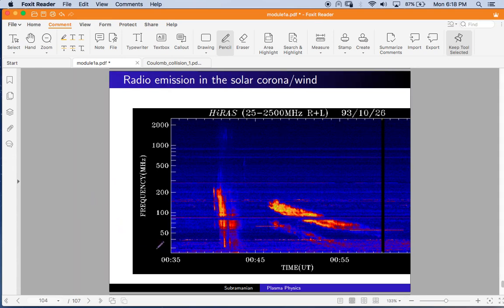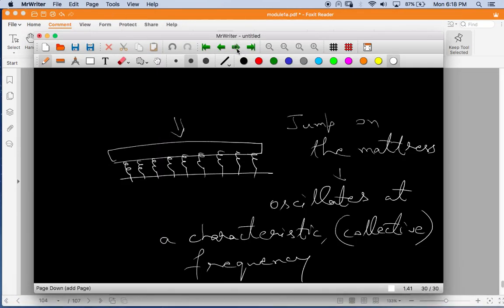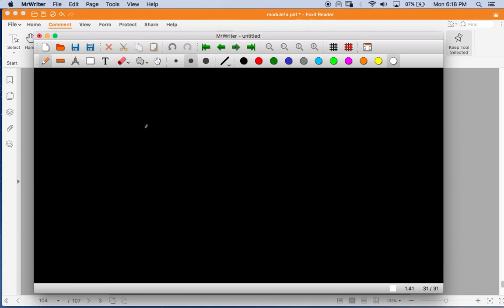Okay, let me bring this up. So this is what you call the sun as a star.